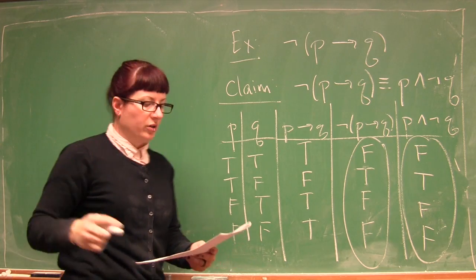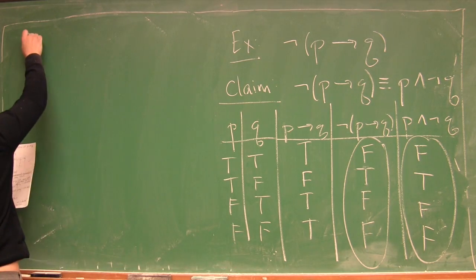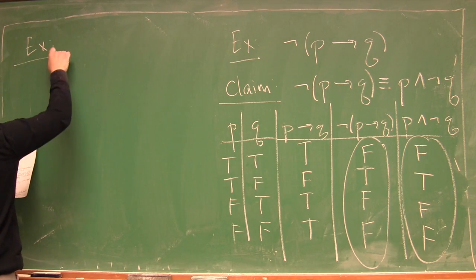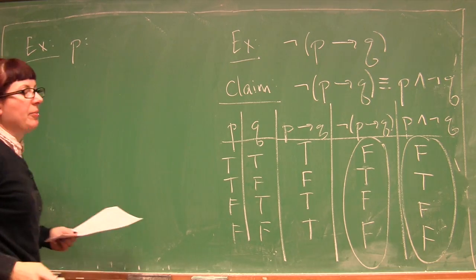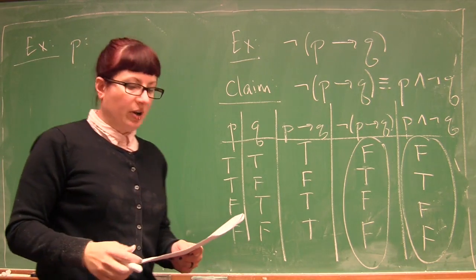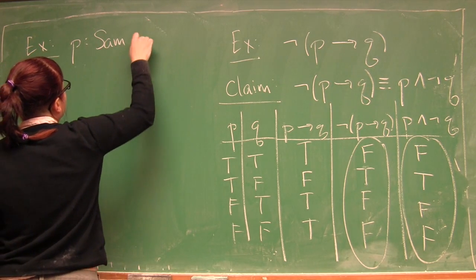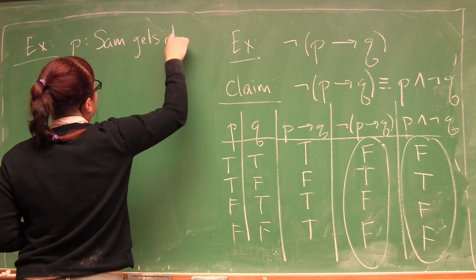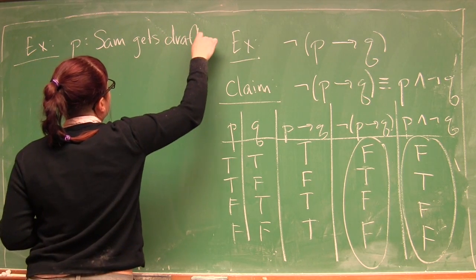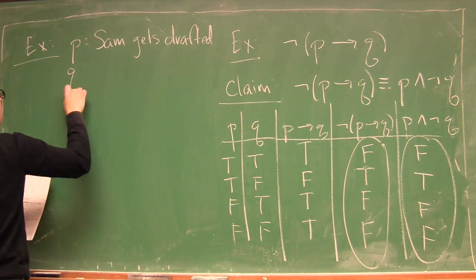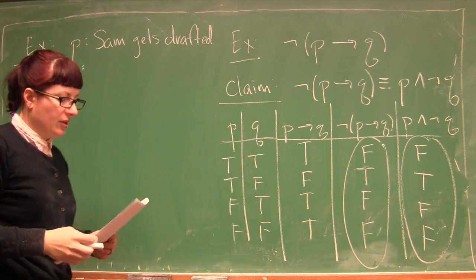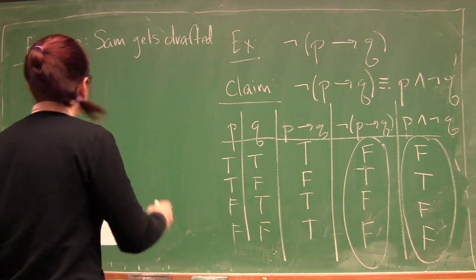As an example in words, we could look at the example where P is the proposition Sam gets drafted, and Q is the proposition Sam will play in the NBA.